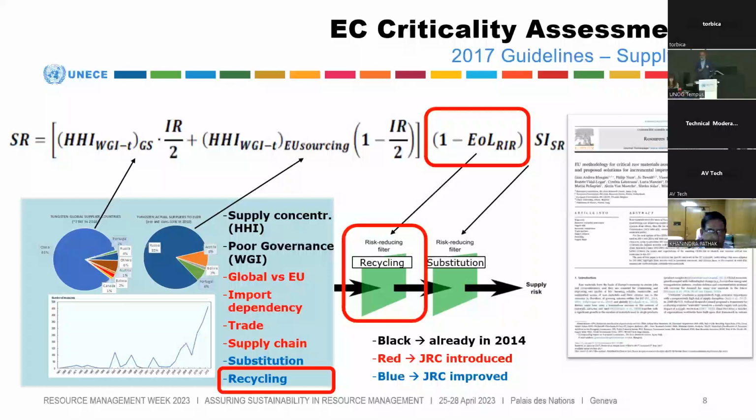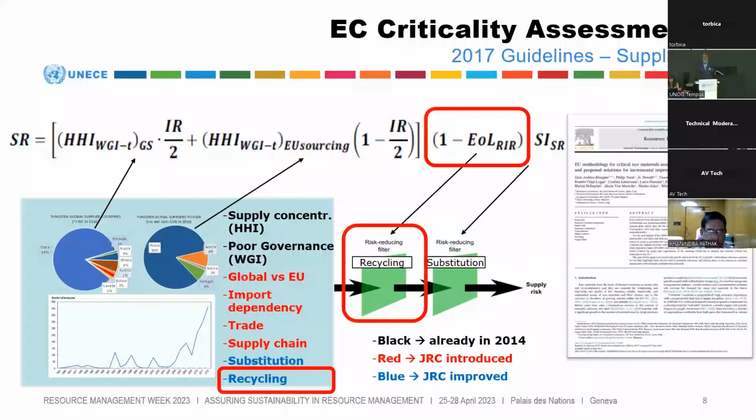So what we have done at the European Commission, trying to refine the methodology, is that we corrected the first calculation of the risk, including some elements to measure potential trade distortion by different measures that some countries or governments take. This slide shows two pie charts, one for the global supply and one specific to the supply to the EU.